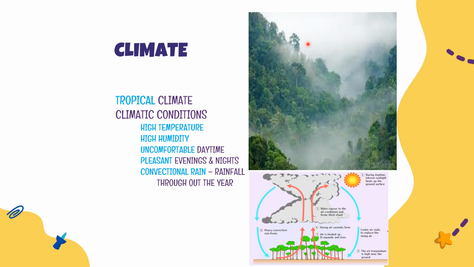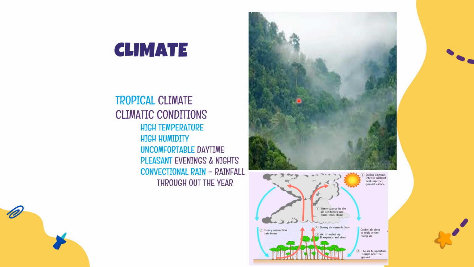Next we will see about the climate of this particular place. So how is the climate of this country? As I told you, since the equator is passing through this country, there are more evergreen forests. What do you mean by evergreen? Evergreen means you have many trees. You cannot see the sunshine itself when you go inside the forest, that much dense the forest is.